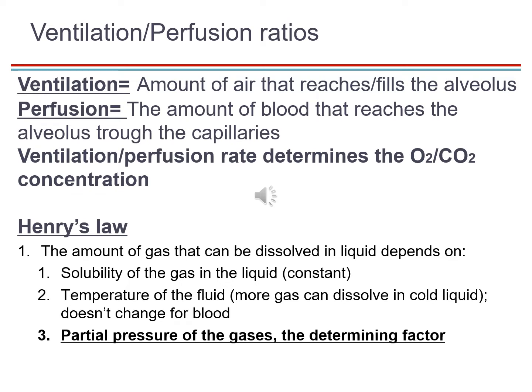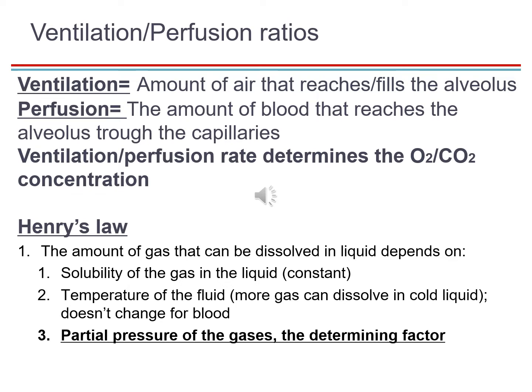Perfusion is defined as the amount of blood that reaches the alveolus through the capillaries. The amount of blood that is flowing around the alveolus through the capillaries. And to understand how the ventilation and perfusion ratio works, we need those two. What does it mean?